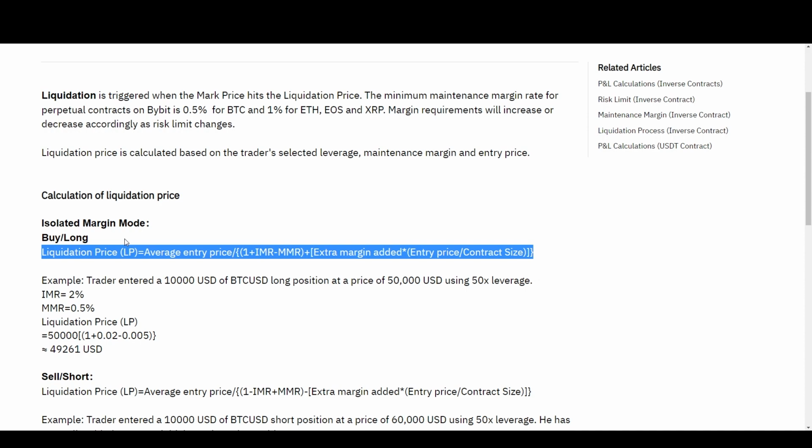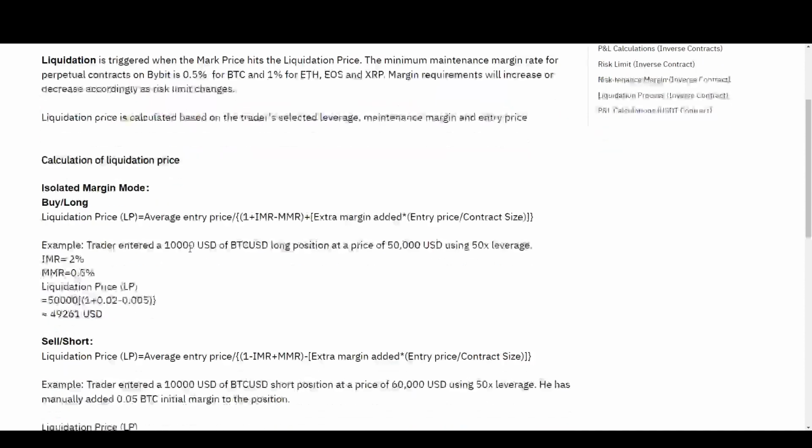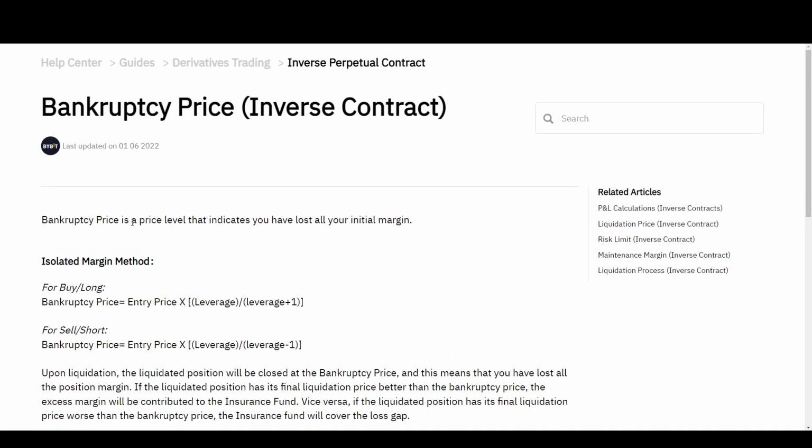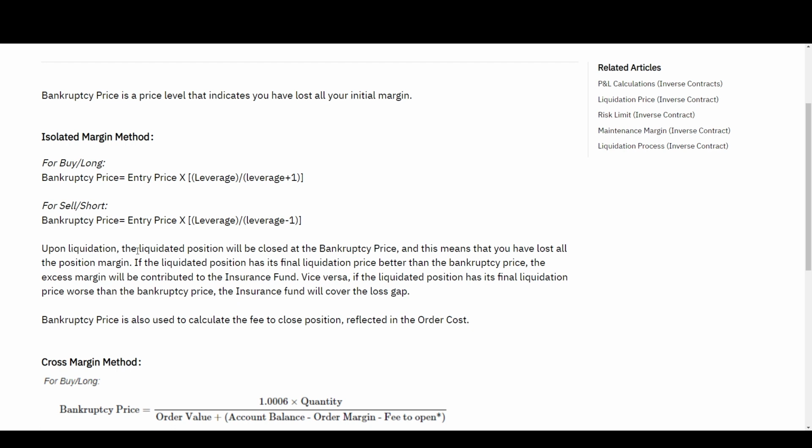This is liquidation price. What is the difference from a bankruptcy price? You have lost your initial margin. Upon the liquidation, the position will be closed at bankruptcy price, and this means that you will have lost all the position margin. If the liquidated position has its final liquidation price better than bankruptcy price, the excess margin will be contributed to the insurance fund.